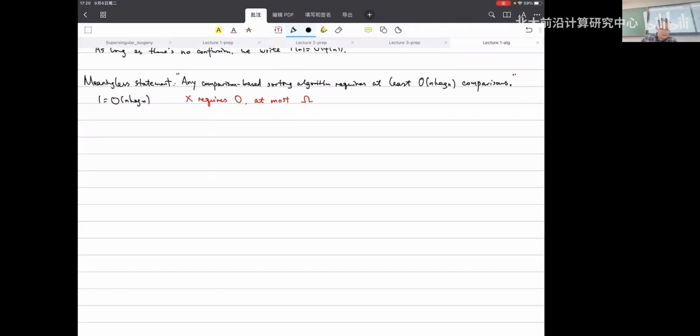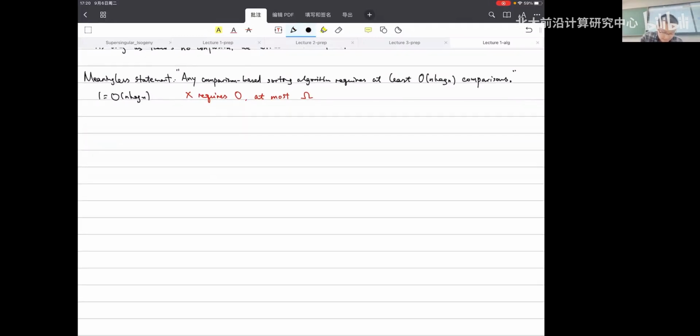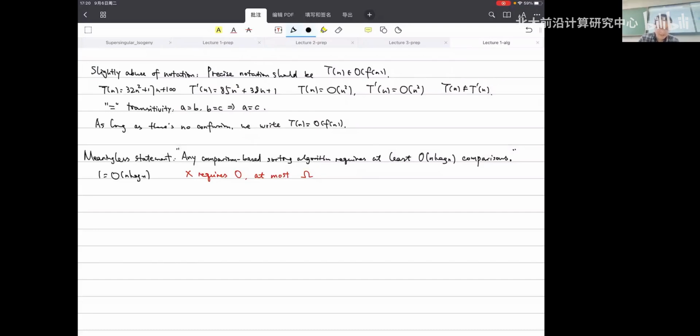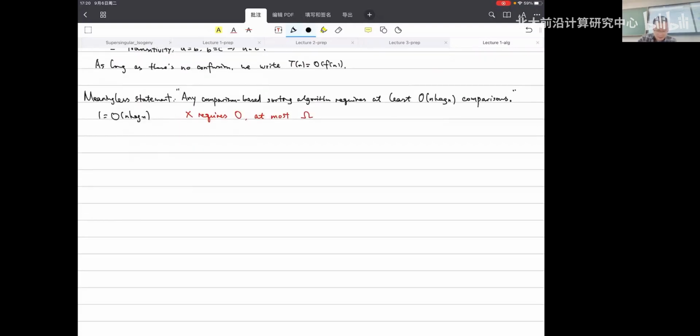There are some standard things that we can talk about. We mentioned that there is a slight abuse of notation in the equals sign for the big O notation and omega notation, but there are still some kinds of transitivity and additivity.